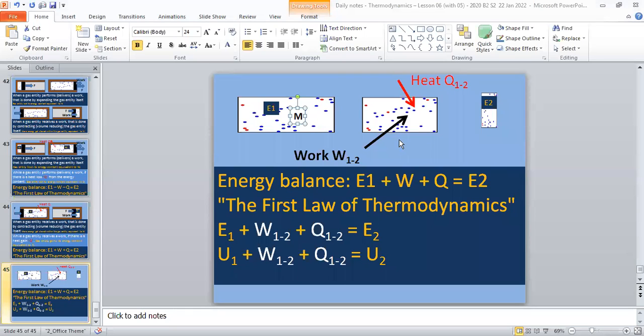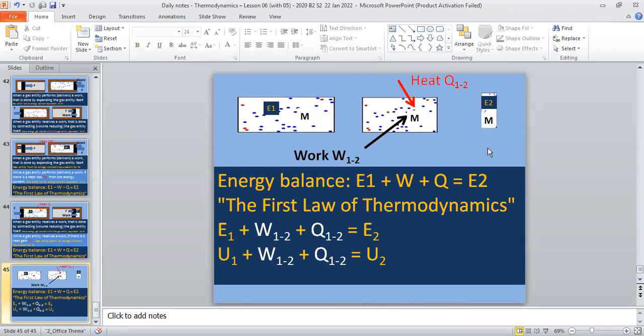If the gas entity mass is M, okay, in a closed system, M remains. M remains. Okay, M remains.